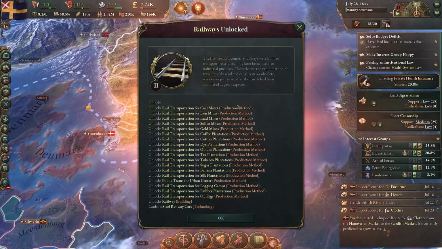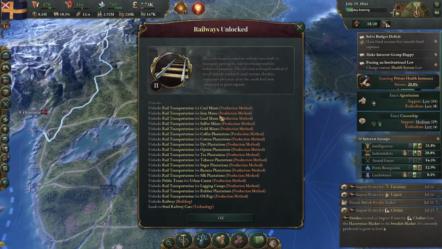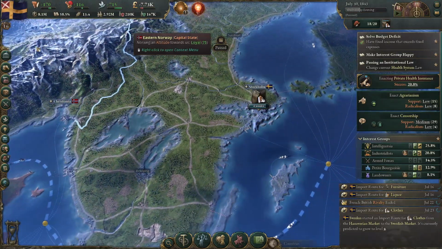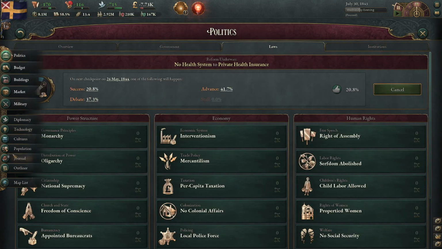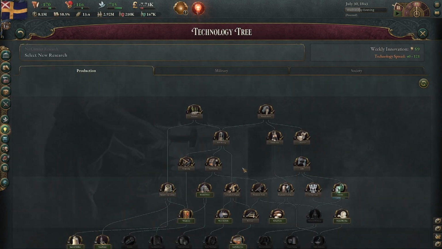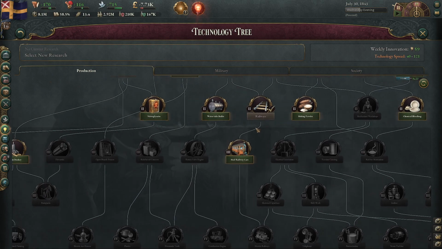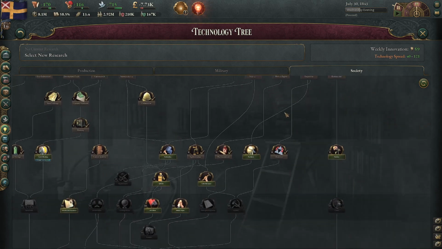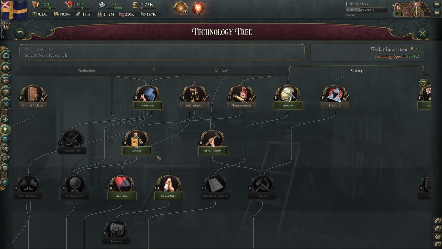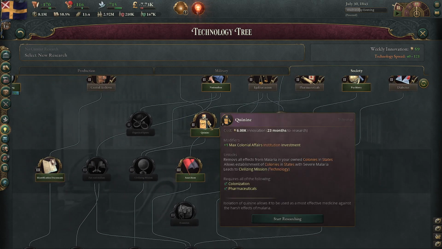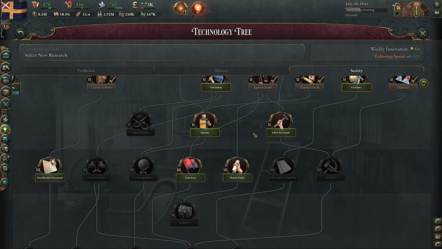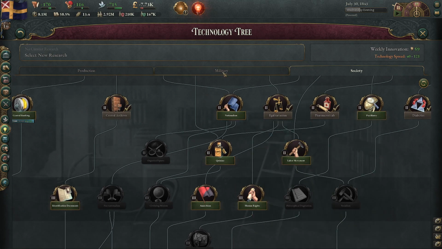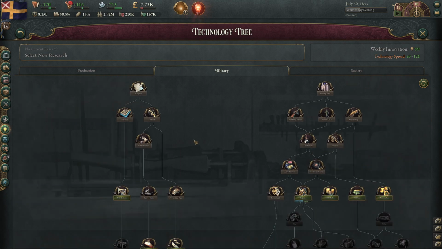Now we've unlocked railways. So we've got to pick another research now. Oops, sorry, research technology. I was thinking a little bit about society and possibly researching quinine, because long term I would like to build some colonies, but at the same time I'm thinking, got military, and I'm not particularly interested in the military.